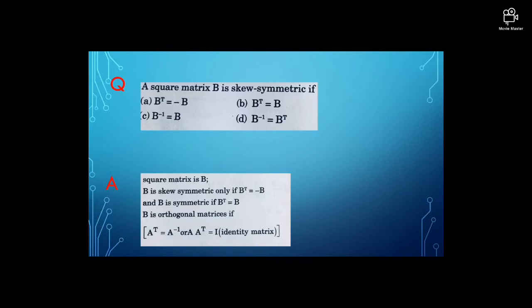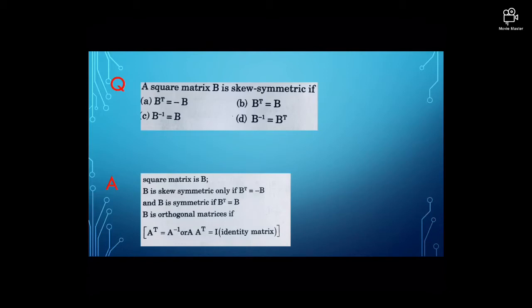All those things we should be very much familiar with. So B is symmetric if the transpose of B is the same as B. Likewise, B is skew symmetric when B transpose is the negative of the matrix B, which is minus B. So it is symmetric if B transpose is equal to B, and skew symmetric if B transpose is equal to minus B.